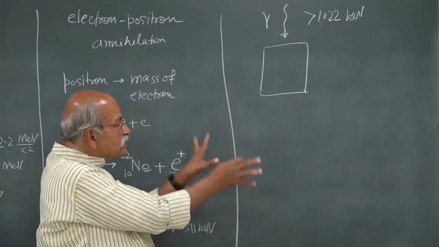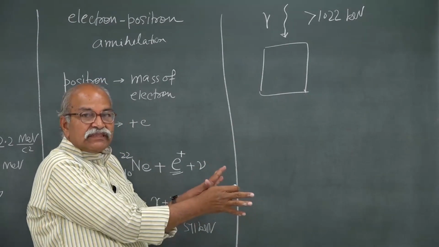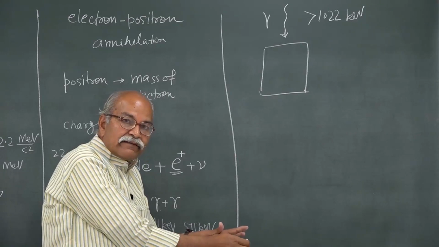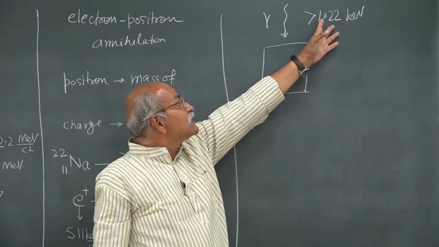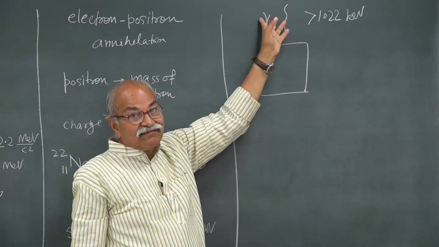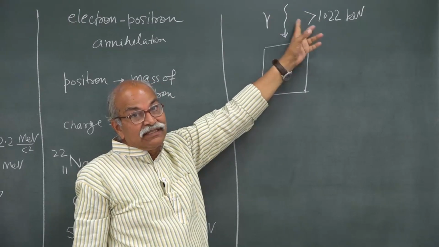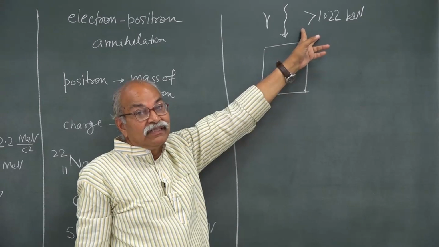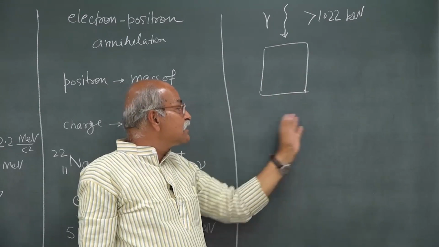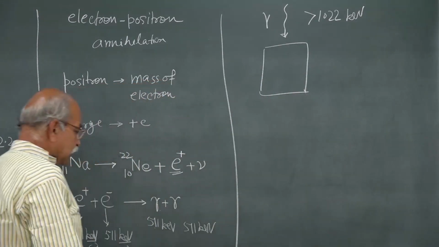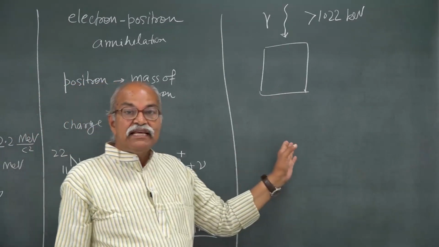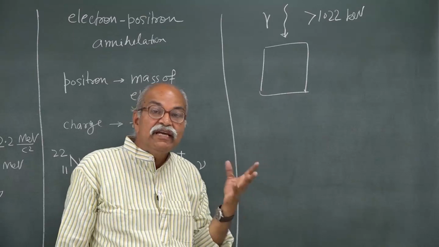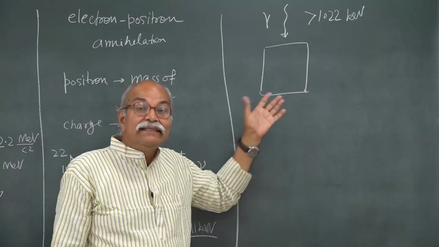then the detection system detects photons which are this much less than the original energy. So, this energy has been lost somewhere, and then the detection system also detects photons of energy 511 keV. 511 keV gamma rays are also detected.